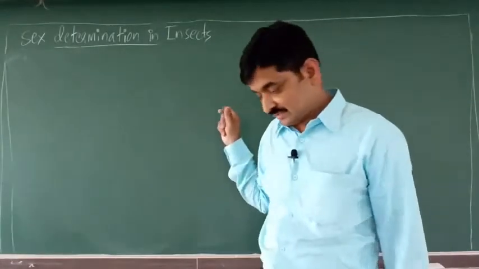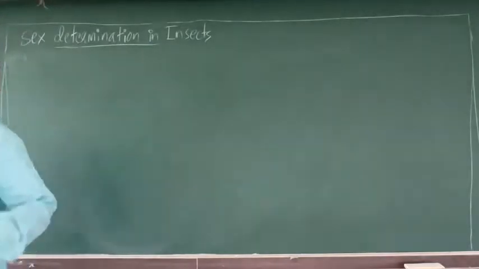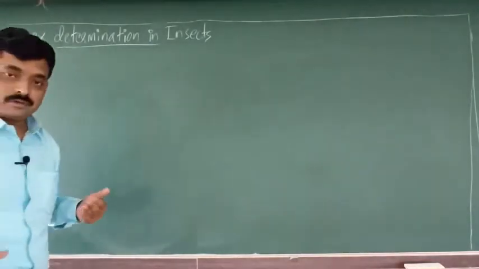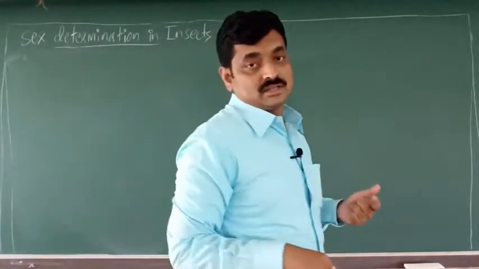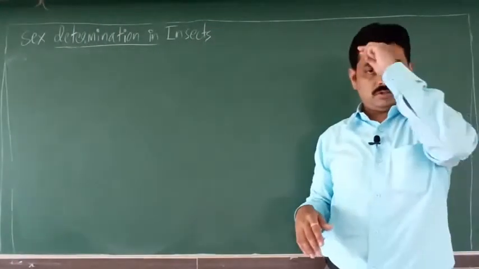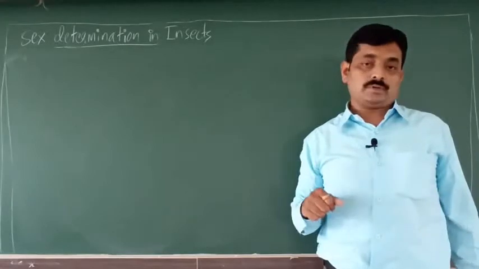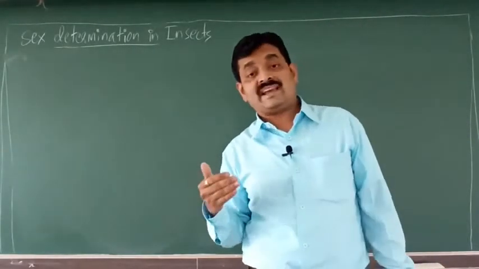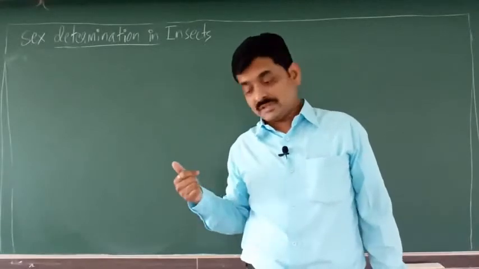So next we will consider the second insect. It is the grasshopper. We shall consider sex determination in the grasshopper. In grasshopper, the sex determination is called X0 type sex determination.